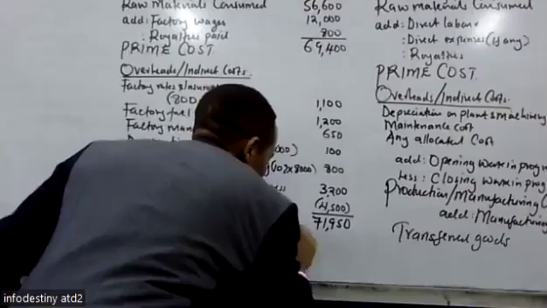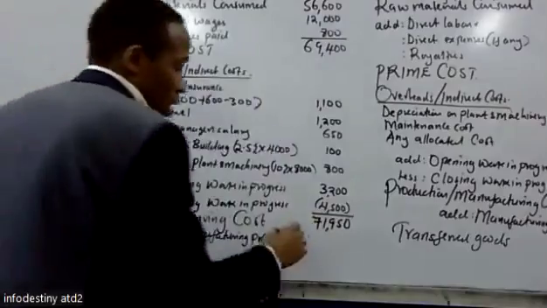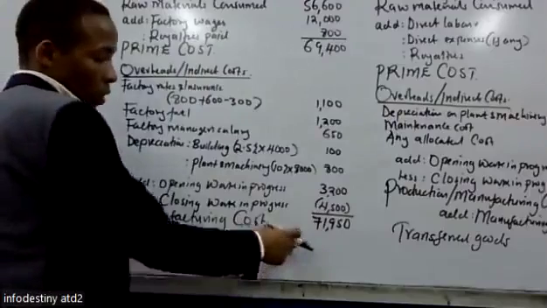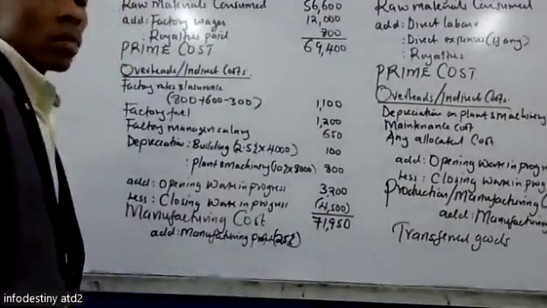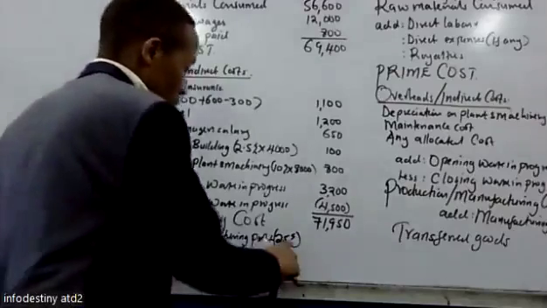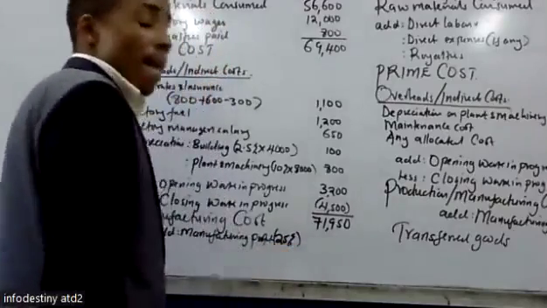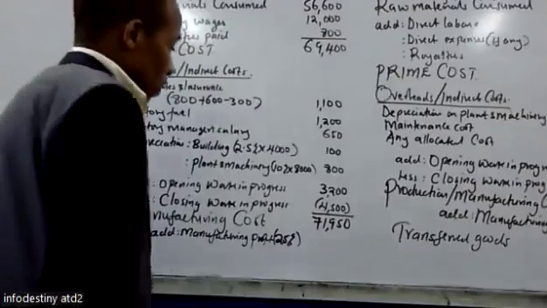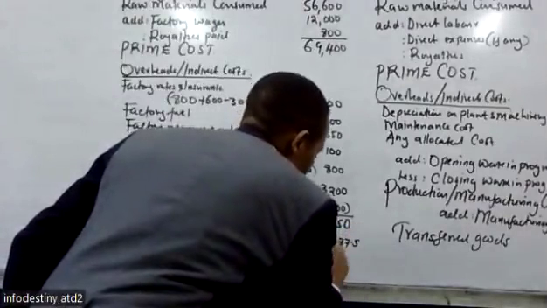25%. That is 25% of 71,950. So how much is 25% of 71,950? It is 17,987.5.